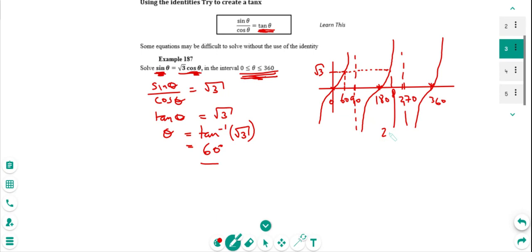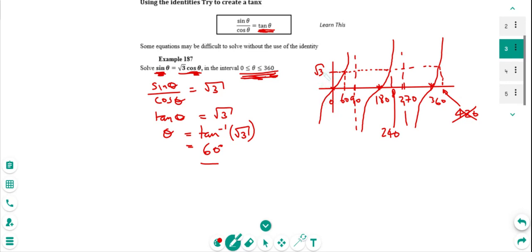So that's 240. The next value is actually outside of our range, because that would be 360 plus the 60. So that would be 420, and that's out of the range that's required. So we're not going to bother with that one.